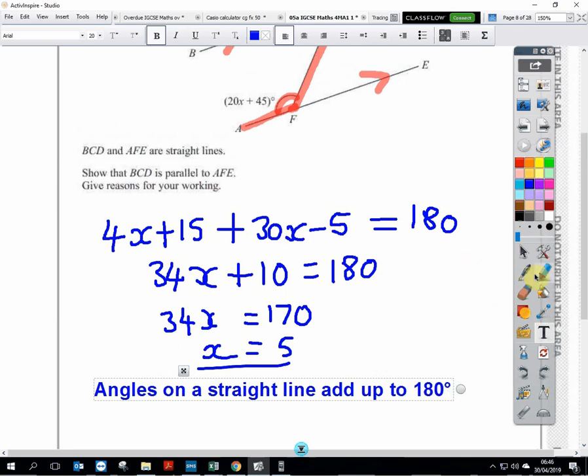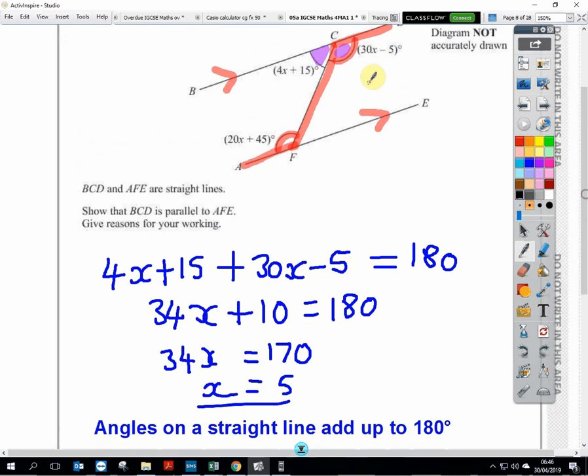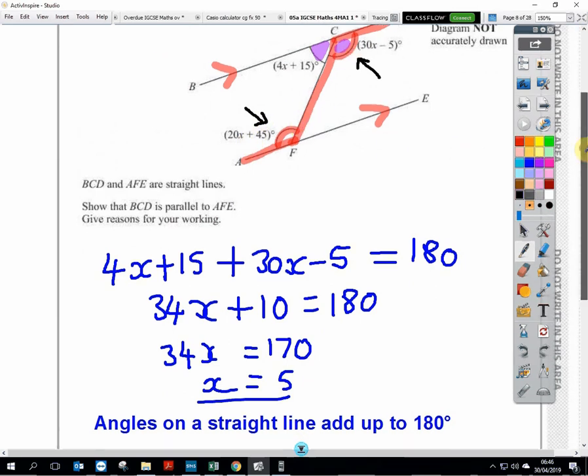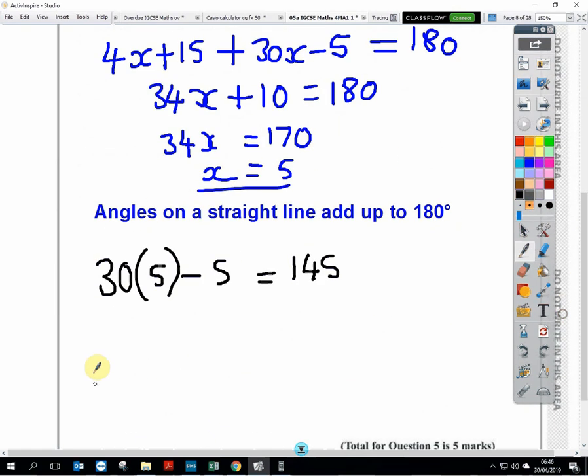Okay. And now I've worked out that x is 5, so I'm going to work out the size of this angle here, and this angle, and hopefully they'll be the same. Because if these lines are parallel, they should be the same. So we have 30 times x minus 5. So 150 minus 5 is 145. The other one is 20x plus 45.